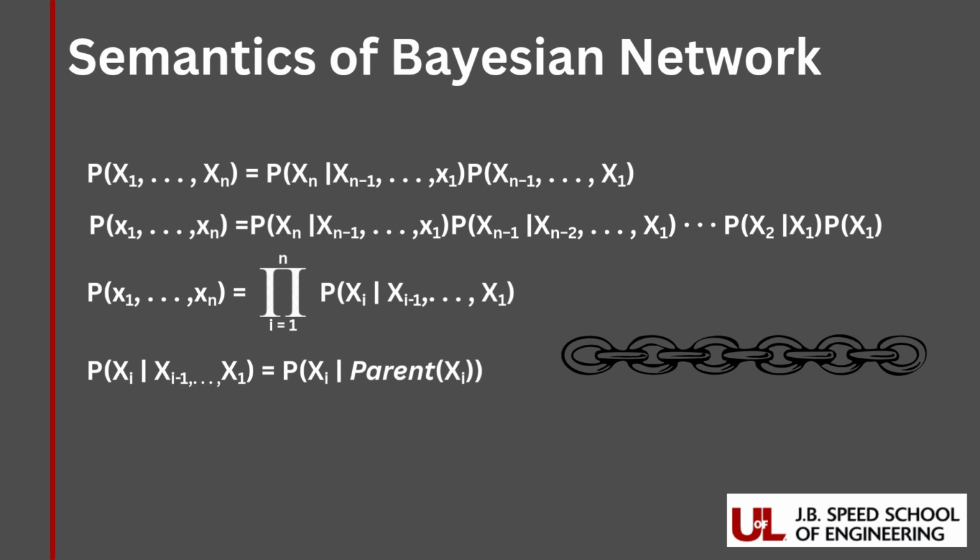And then in general, we're going to go ahead and notate parent of xi as what we are given, the variables that we are assuming have already taken place, or that we assume the value of.